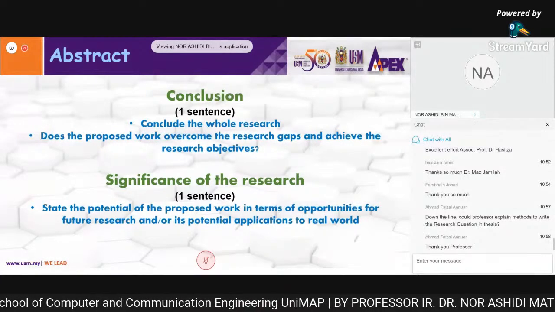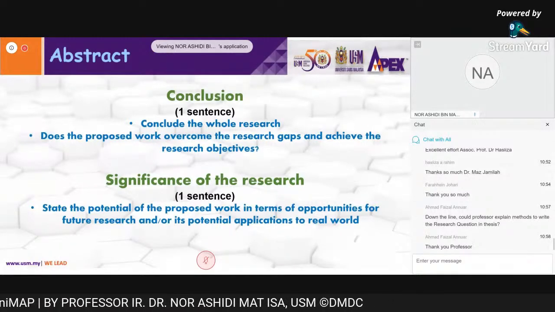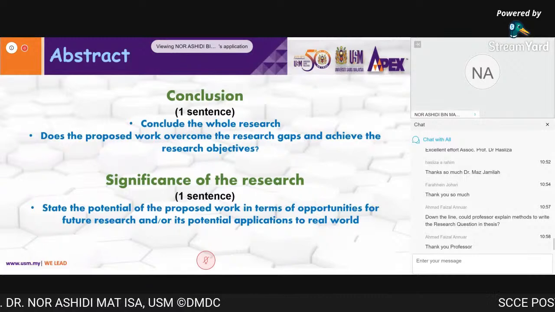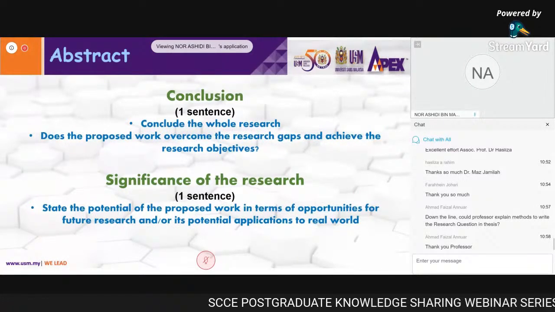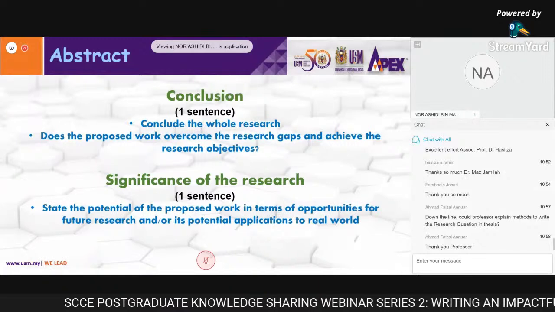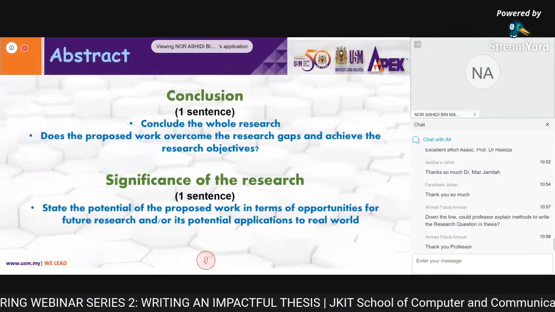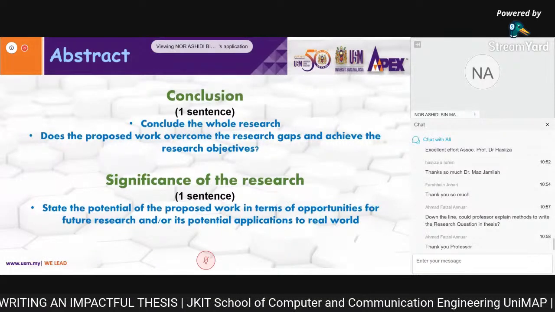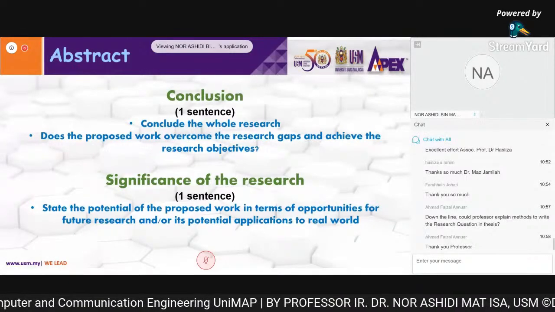So why do you do the research? What is important? It's not just something super, but it gives something important to the real world, to the research world. So state the significance of the research, so people will appreciate it more.